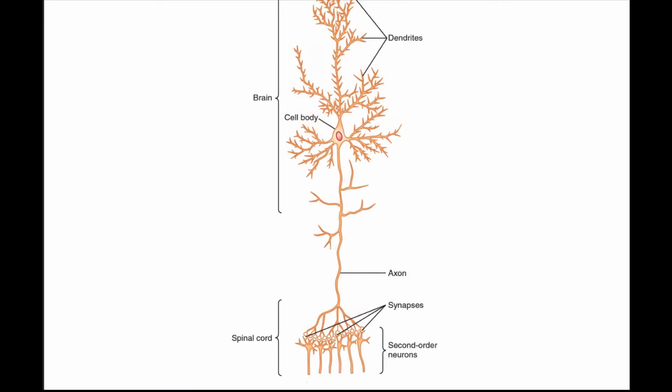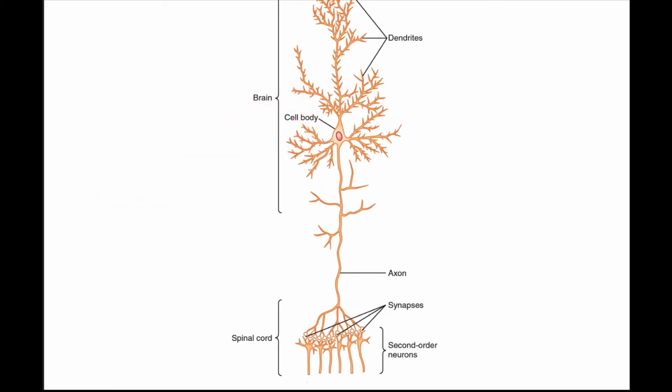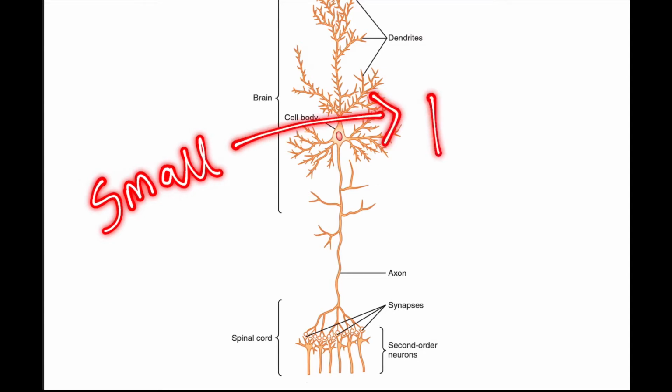Let us come to our topic, ascending tract of spinal cord. So what do you mean by ascending? Generally, in numbers or alphabets, it means from small numbers to the higher number.